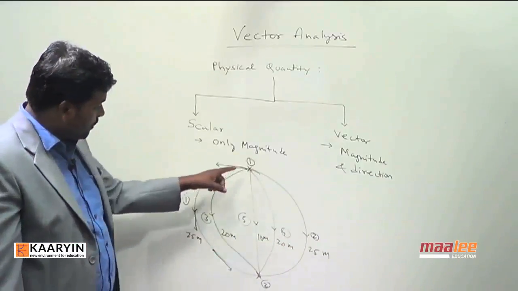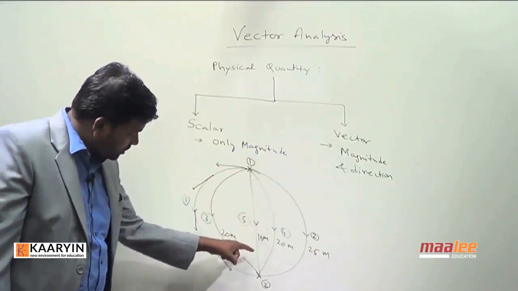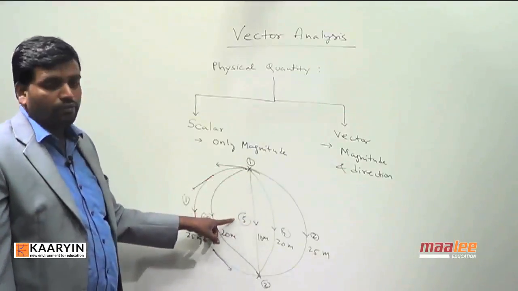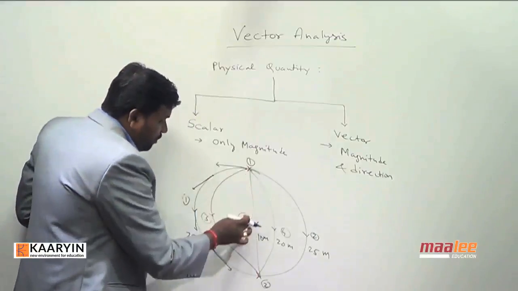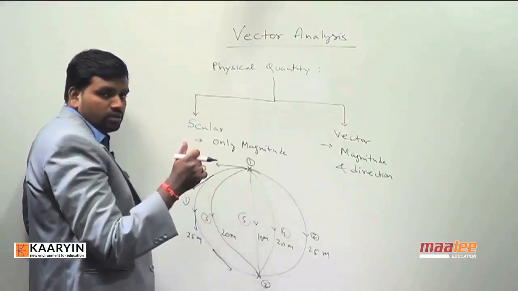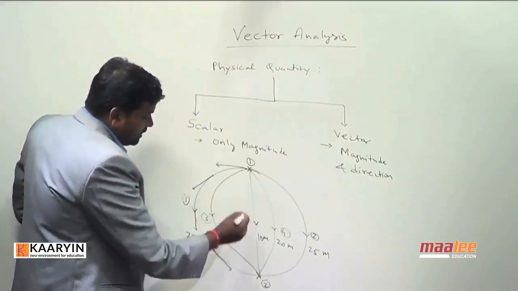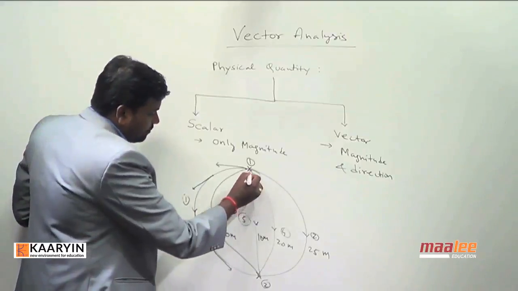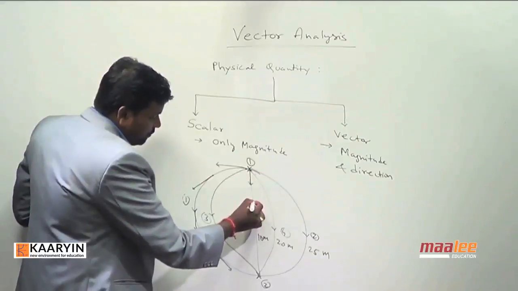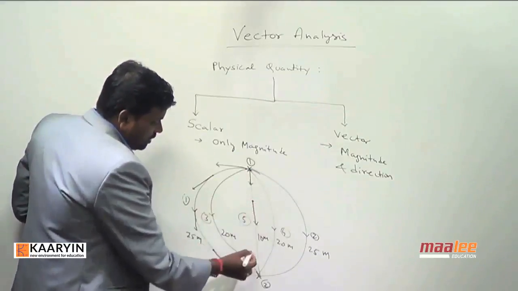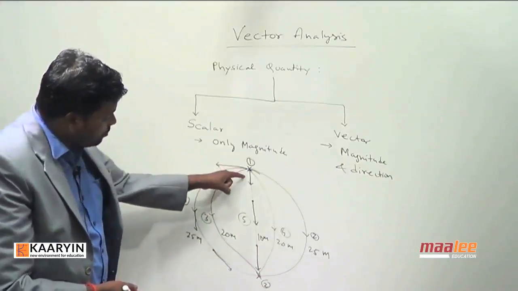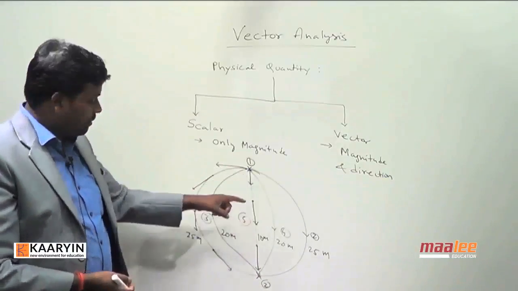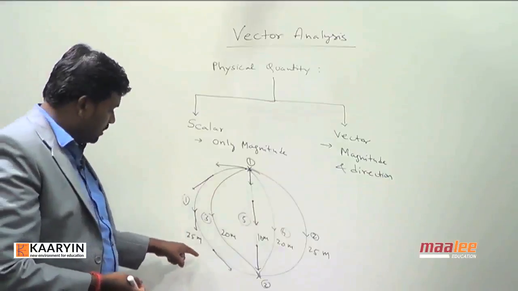But if you are coming along this straight line, that is path number 5, route number 5, you will see the magnitude for this is 10 meters, magnitude is defined, okay, good. Direction, yes, direction is also defined here. If you are at this point, your direction is towards this. If you are at this point, your direction is this. If you are at this point, your direction is this, meaning continuously you are following the same direction. But along the other paths, your direction is continuously changing.